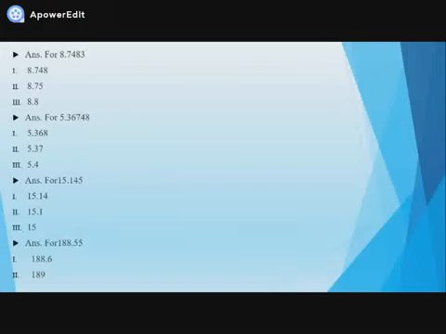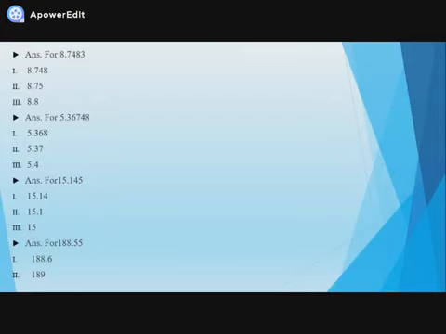Now the answer for 5.36748: A 5.368, B 5.37, C is 5.4. Now the answer for 15.145: A 15.14, B 15.1, C 15.